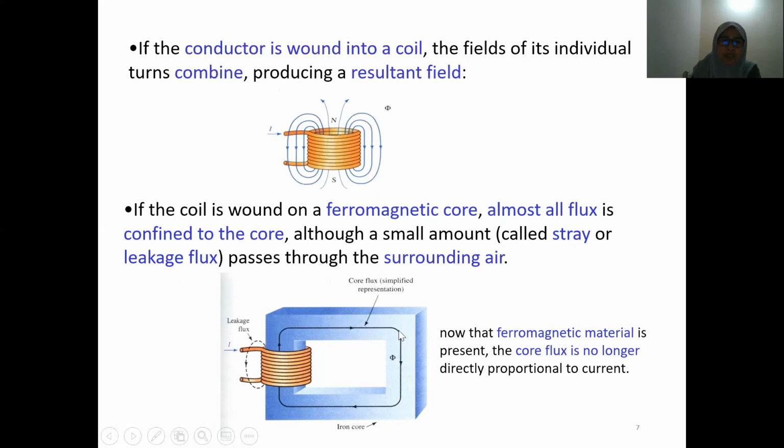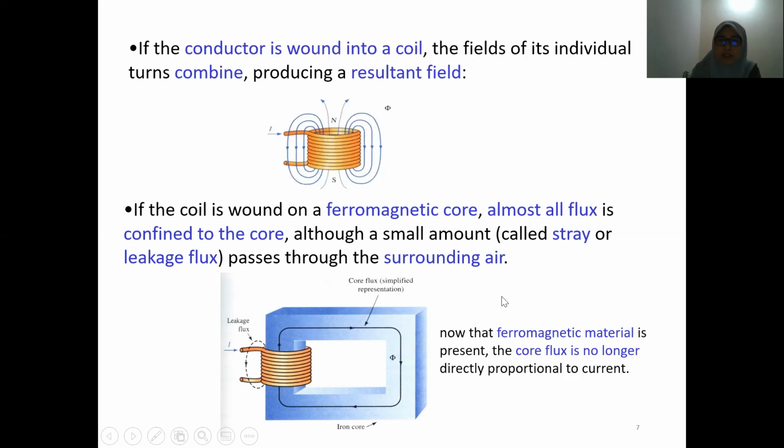So if you have one iron core and you wind a coil on one of the legs of the core, almost all the flux is confined in the core, and only a small amount, the leakage flux, goes into the surrounding air.